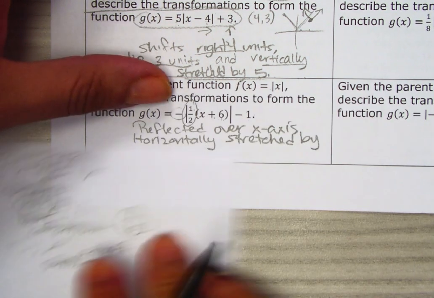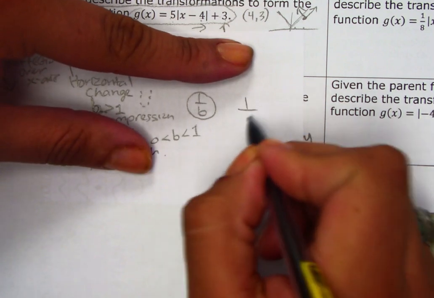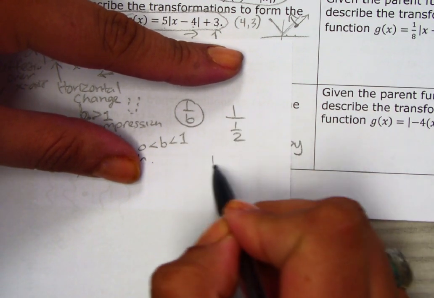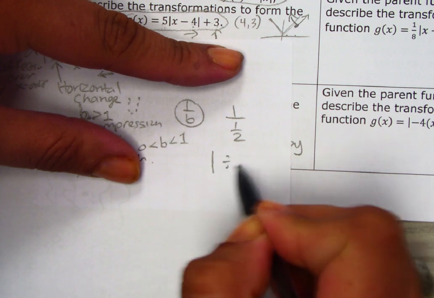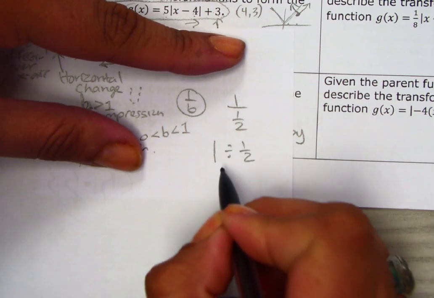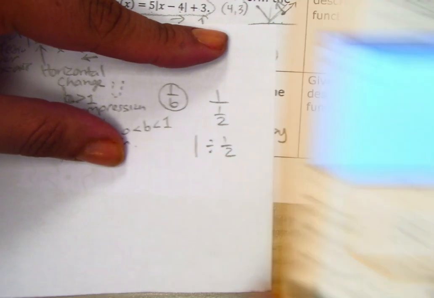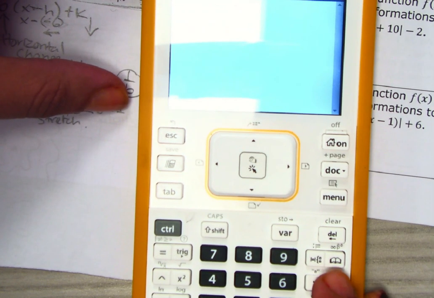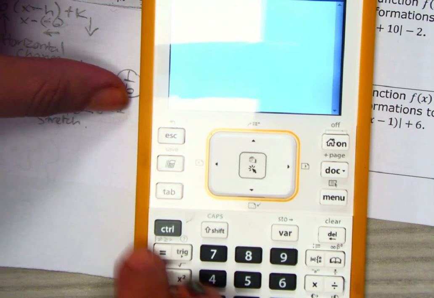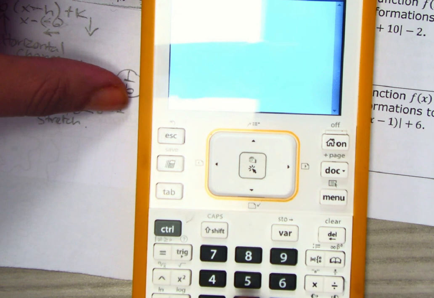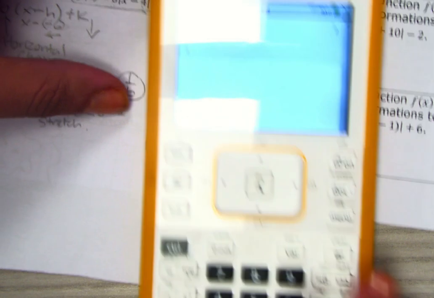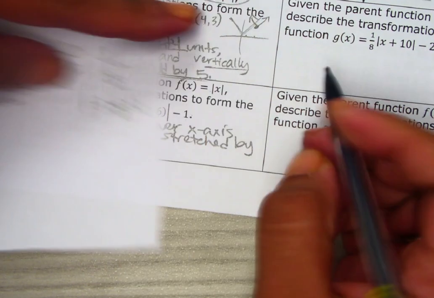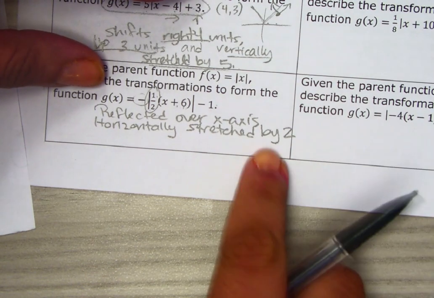So in this case, we're going to do 1 over 1/2, which if you separate this division is 1 divided by 1/2. If you type it in the calculator, or do it by hand, you're going to end up with a whole number, so 2. That's what we get. That means that the scale factor is 2.